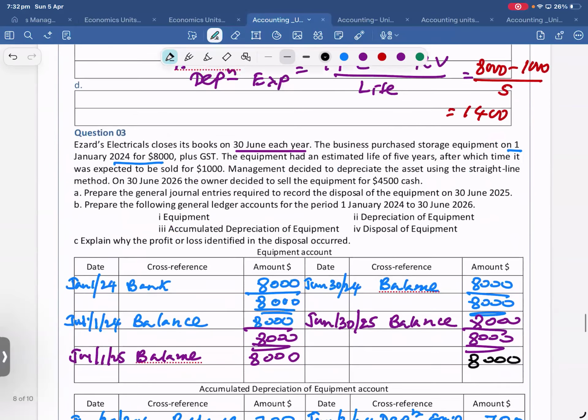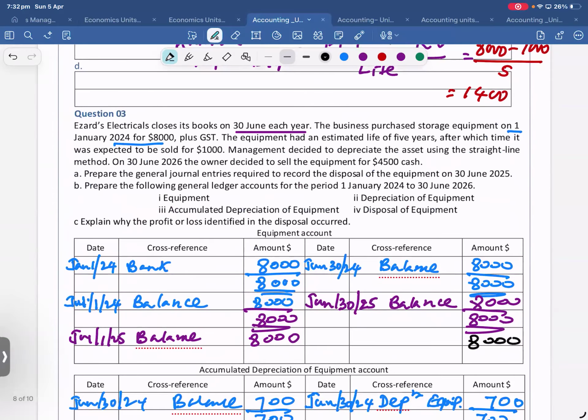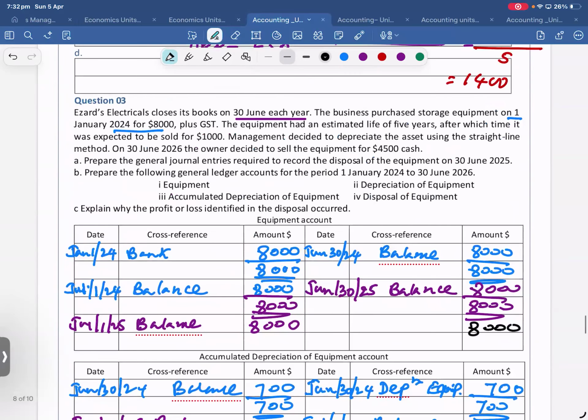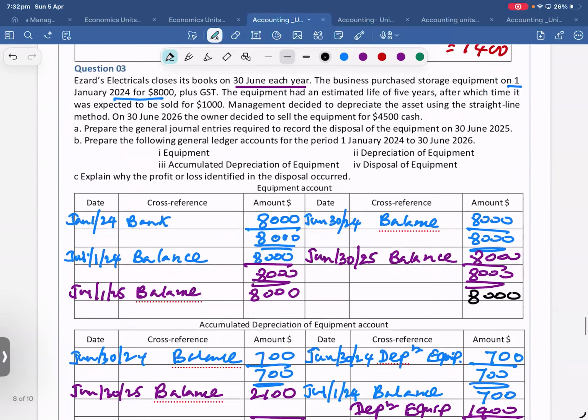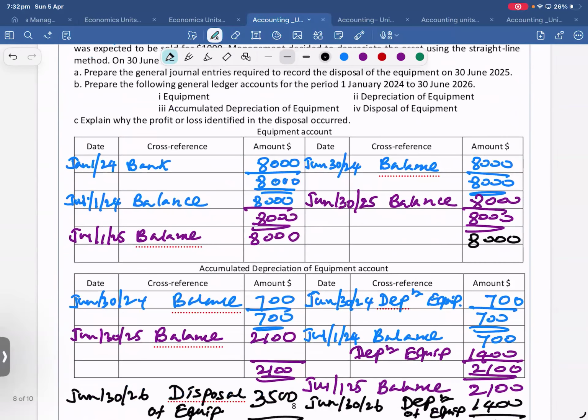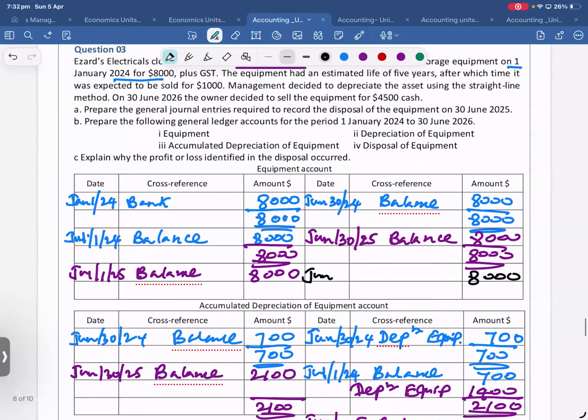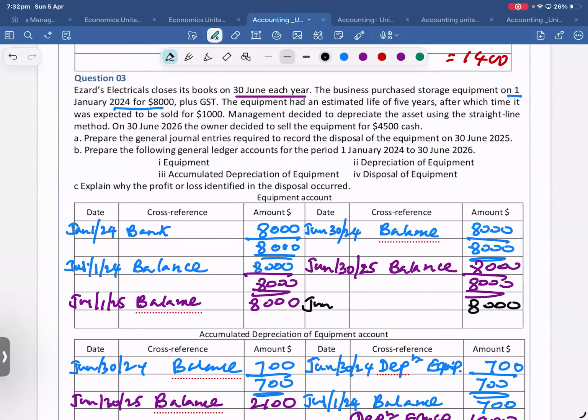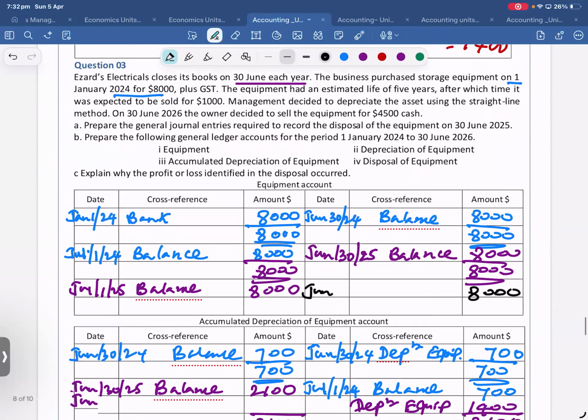Part C says explain why the profit or loss. So then we have to say neither. If you want to change it, we'll change it. If you want a profit or loss, we can change the answer either way.